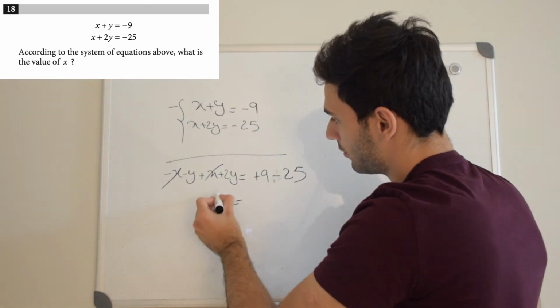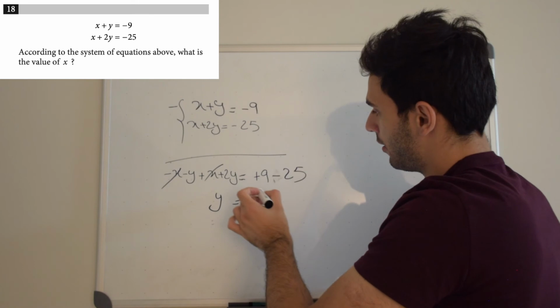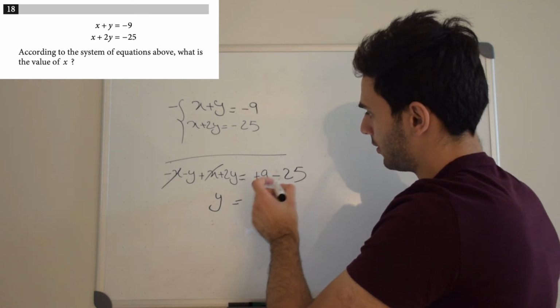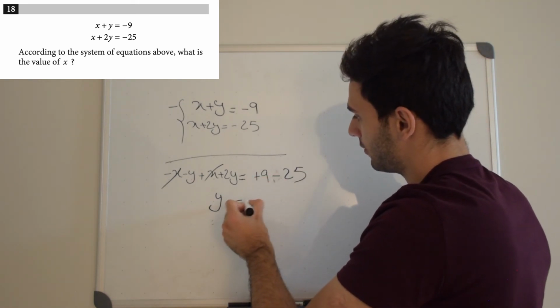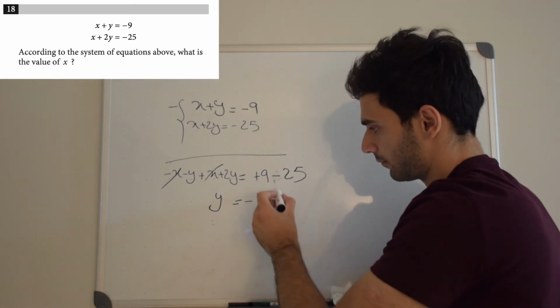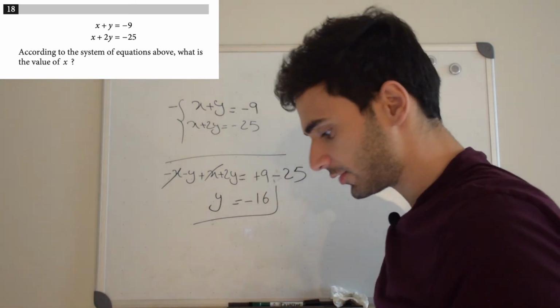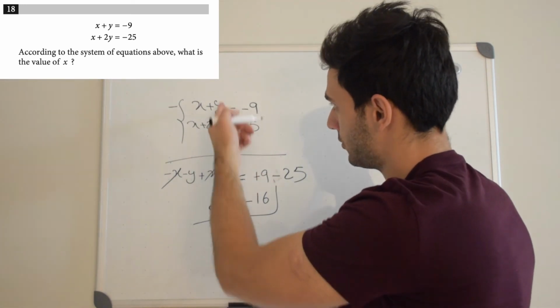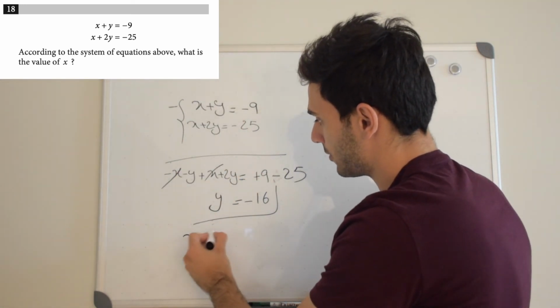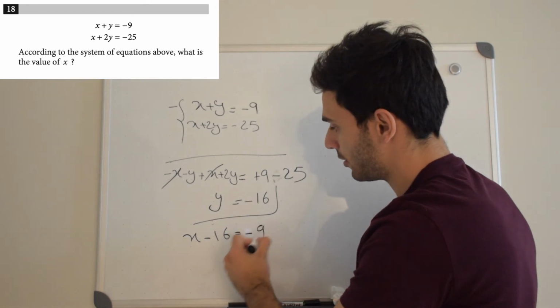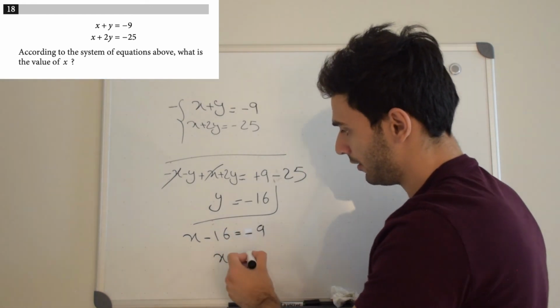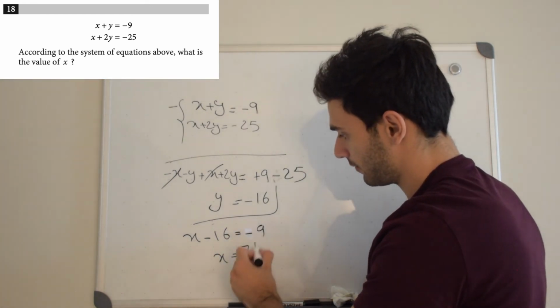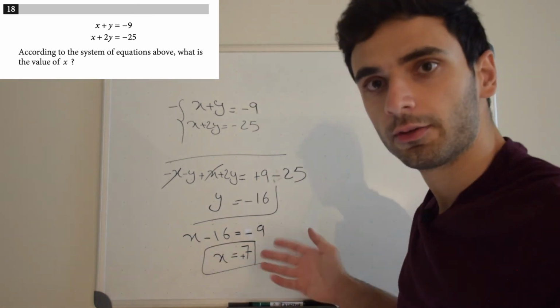The x's cancel out. y will be minus 16. So what is x? Just plug in y in one of these equations. I'm plugging in here. x minus 16 is equal to -9. Then x will be +7. Right? The answer.